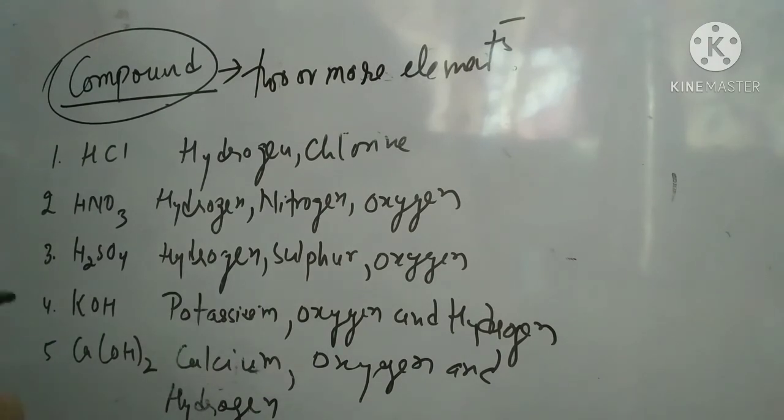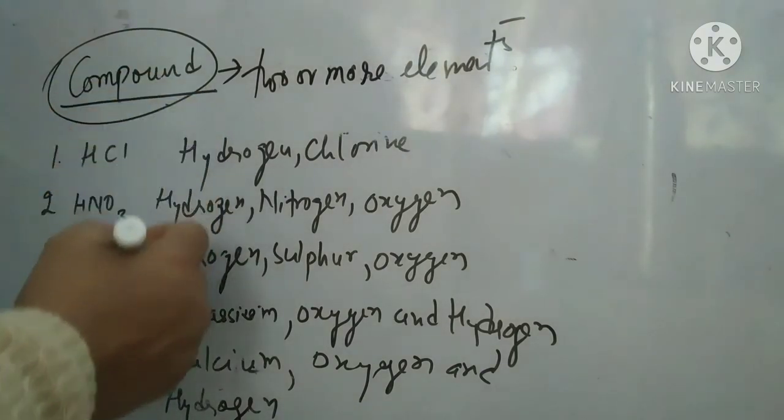The characteristics of compound are: the components present in compound are always present in a definite proportion. Compound is always homogeneous. Particles in a compound are of one kind. Compound has a definite set of properties. Components in a compound do not retain their original properties and can be separated only by chemical means.